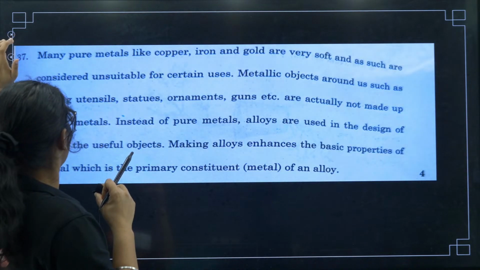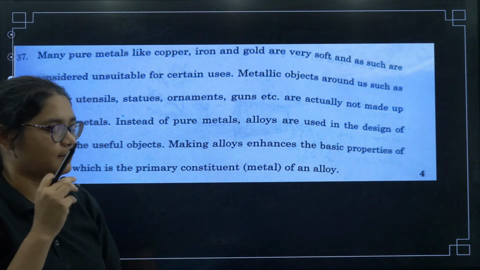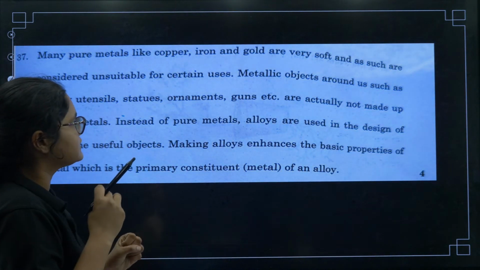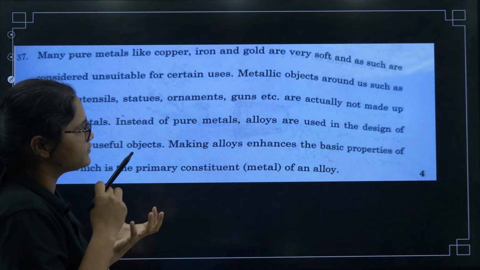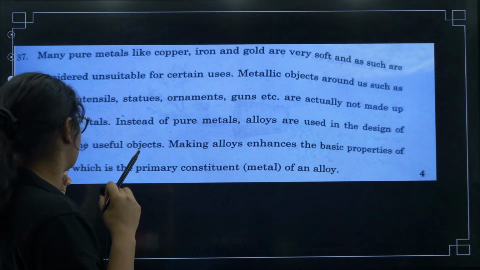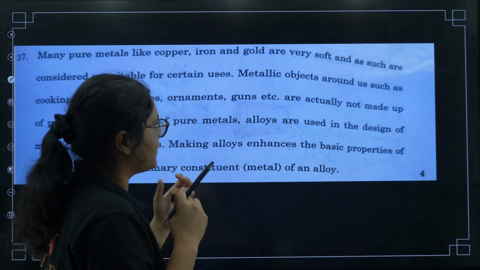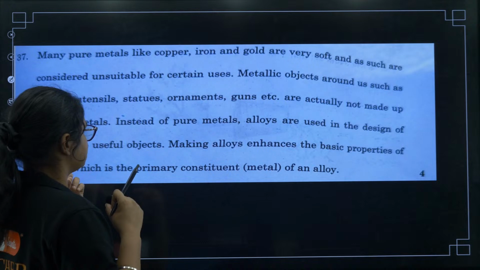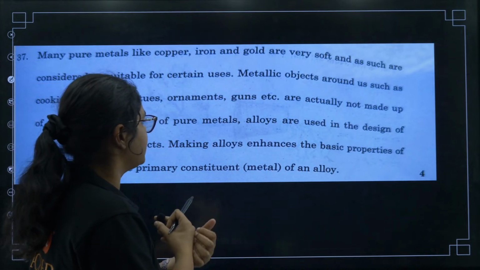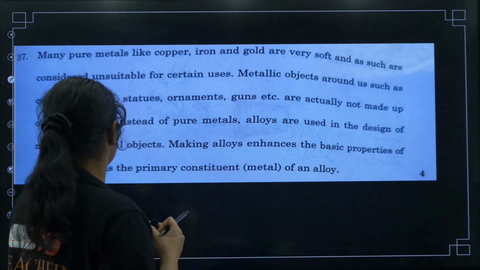Next, we have again a question from chemistry: pure metals like copper, iron, gold are very soft and as such are considered unsuitable for certain uses. Metallic objects around us, such as cooking utensils, statues, ornaments, guns, are actually not made up of pure metal.